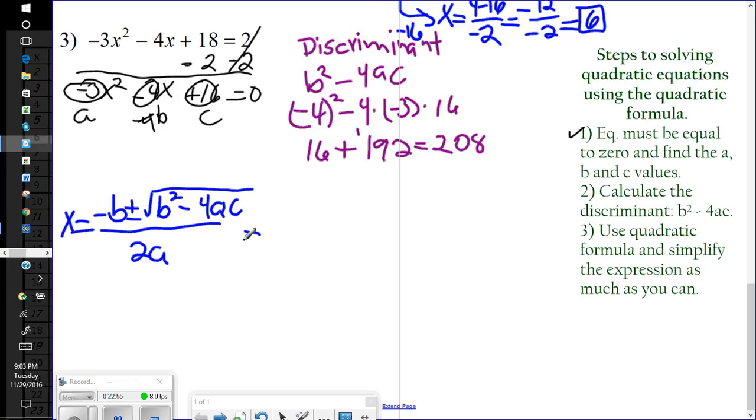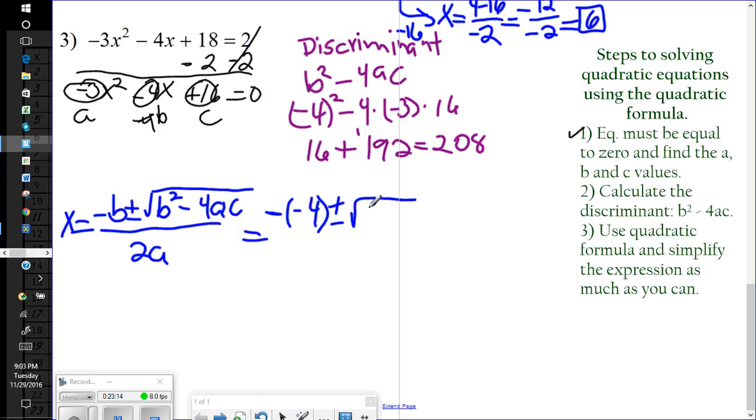Now just plug in the values. I have a minus because the format tells me there's a minus. What is the b value? The b value is negative 4, so I'm going to put in negative 4, plus or minus the square root of the discriminant.